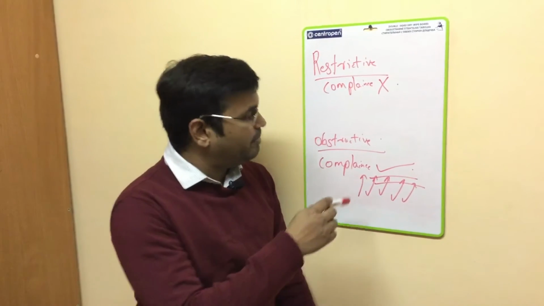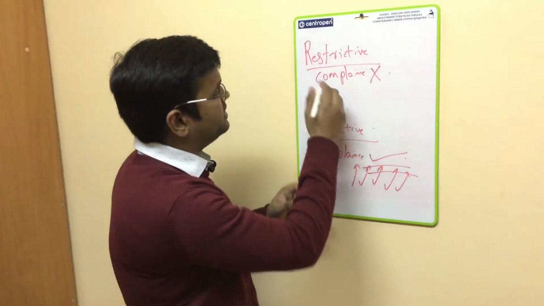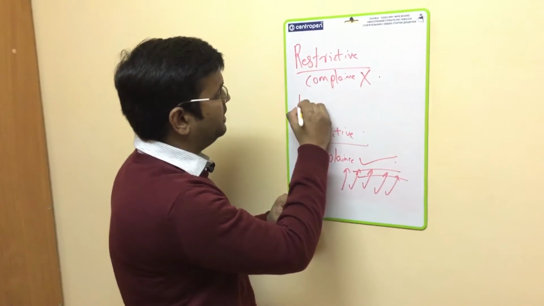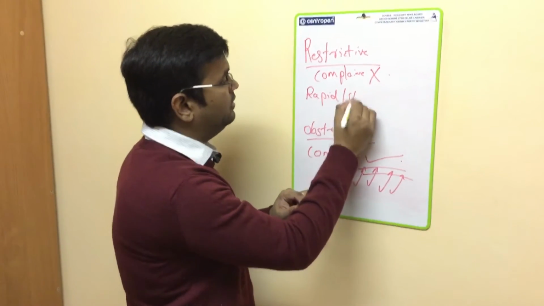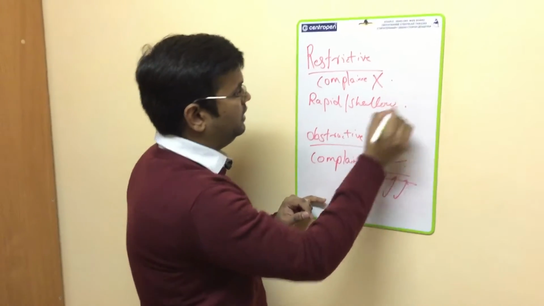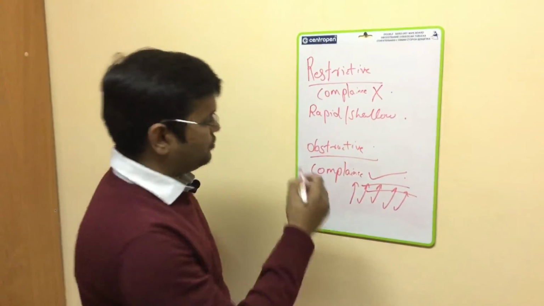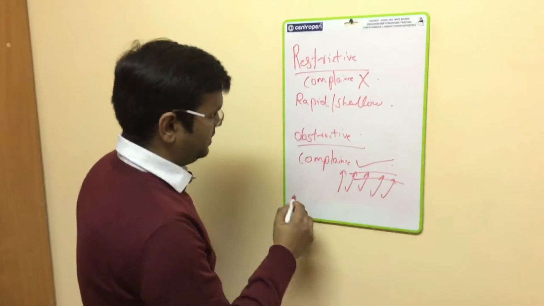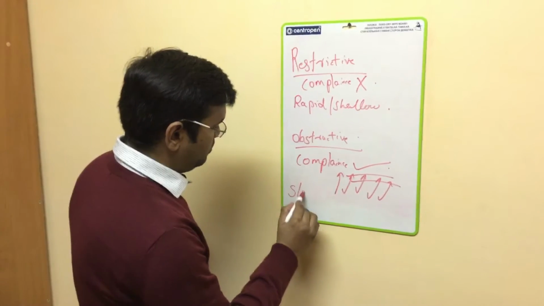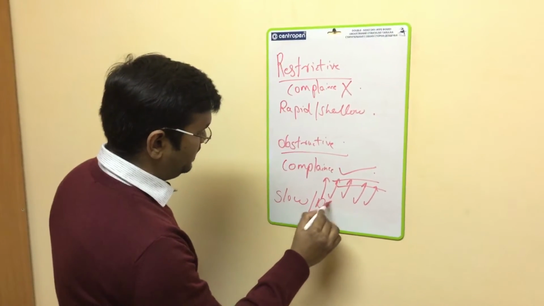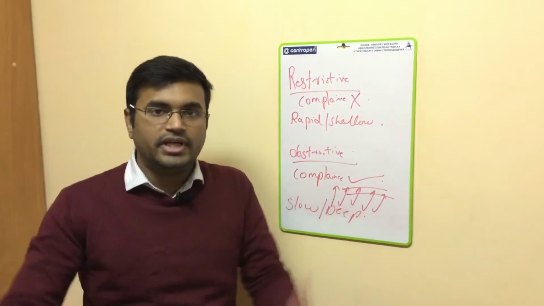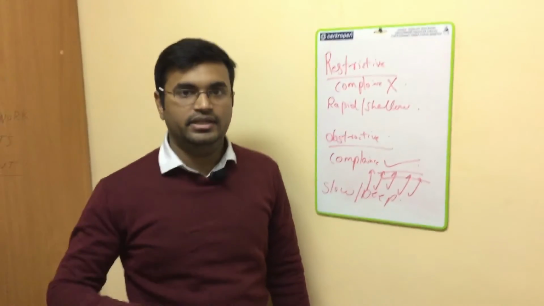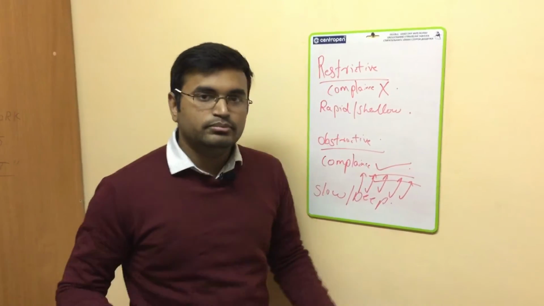So in restrictive diseases, you take breathing rapid and shallow. Now the opposite, in obstructive diseases, you take slow and deep breathing, because the problem is in taking air out, not taking air in, in obstructive. Simple.